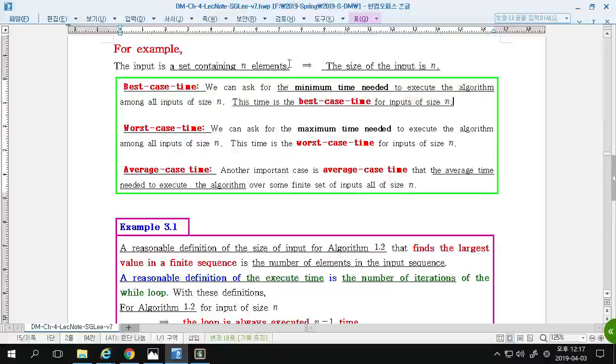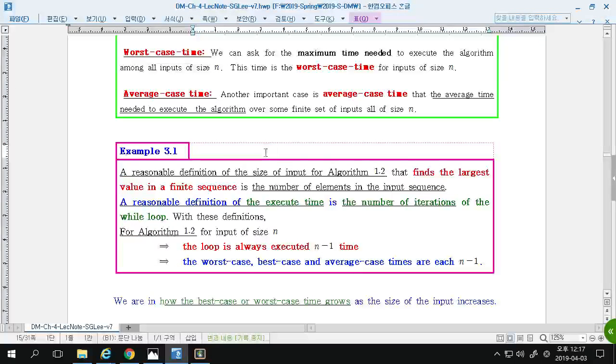Worst case time is the maximum time to execute the algorithm for a given input of size n. Another important case is the average case time, the average time needed to execute the algorithm for input of size n.